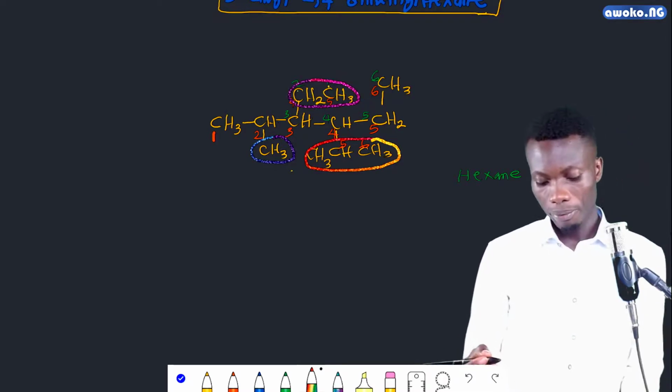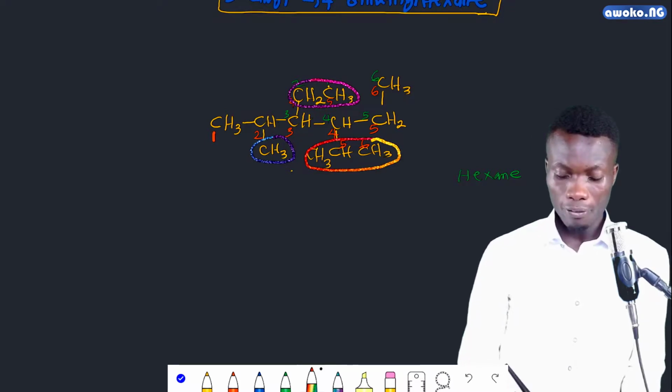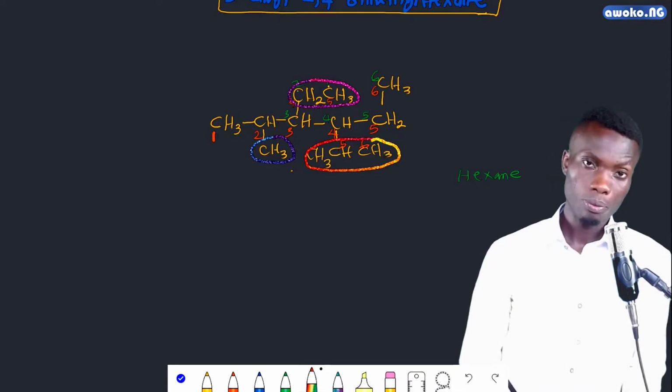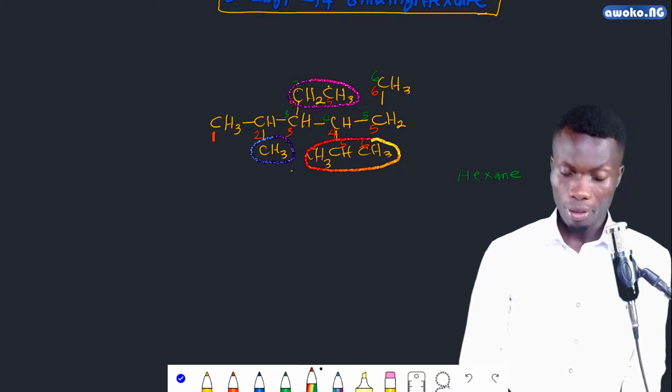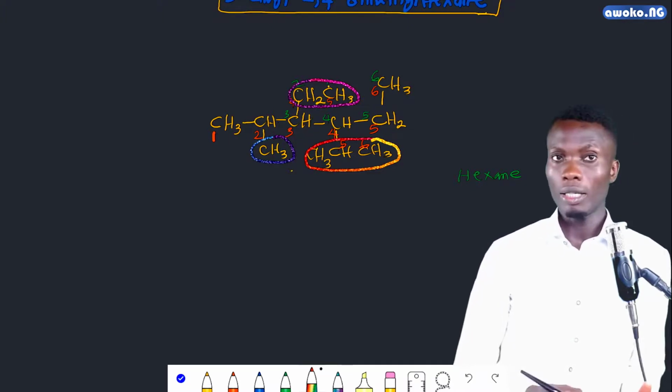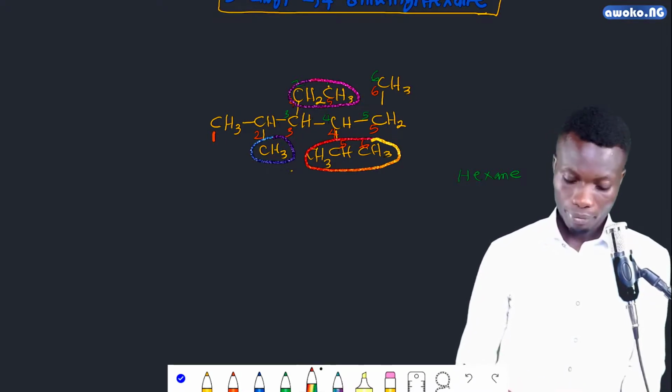So therefore, we see that counting from the left gives us a lower number where we have a branch, which is carbon number 2. And then we have another on carbon number 3. We have another on carbon number 4. So therefore, it now means that we will now count from the left.